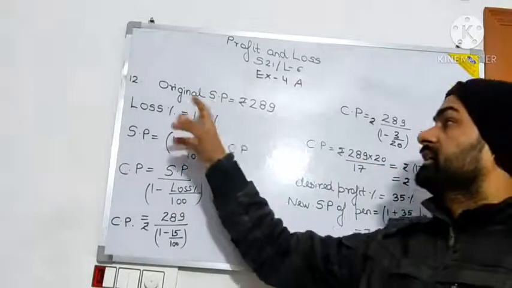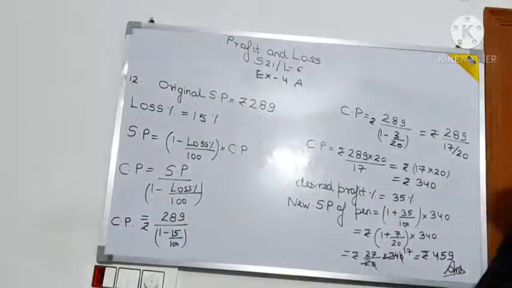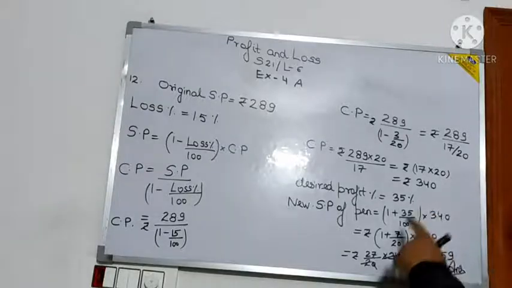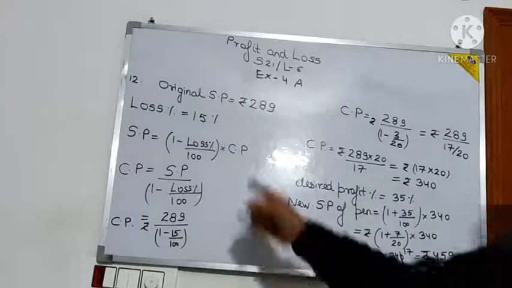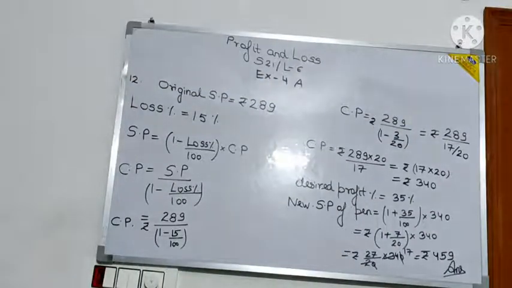So from this data of loss percent and original SP, what we get is CP. Once you get the CP, then the desired profit. In this question, sometimes students are not able to judge whether the CP is given or SP is given.